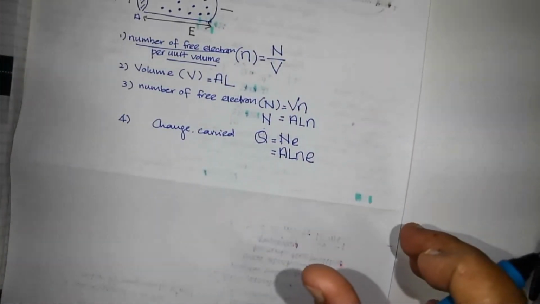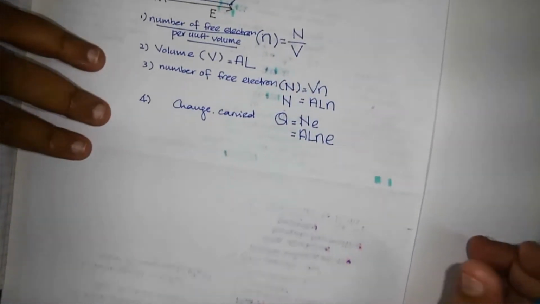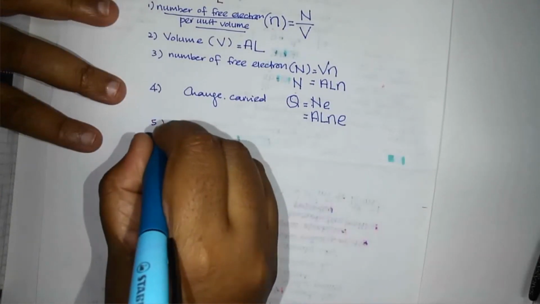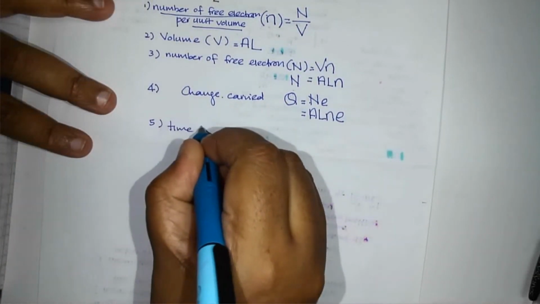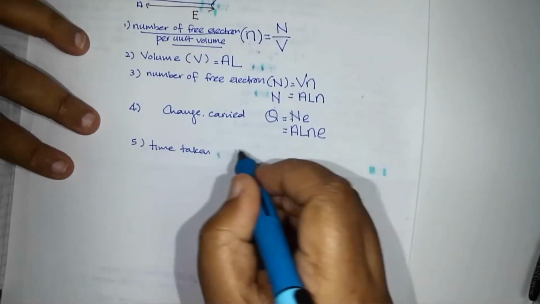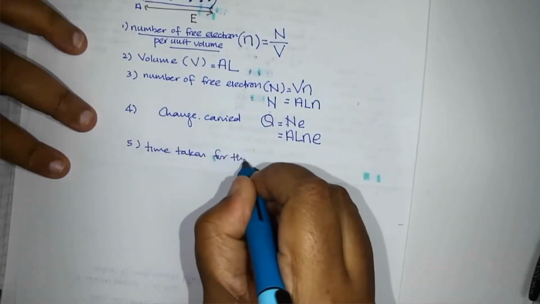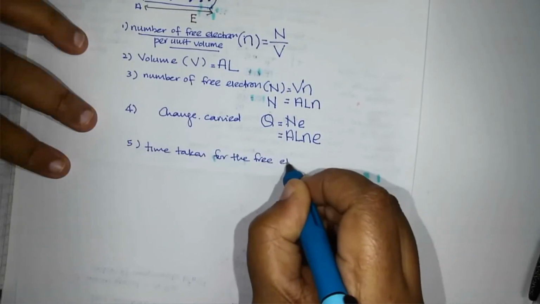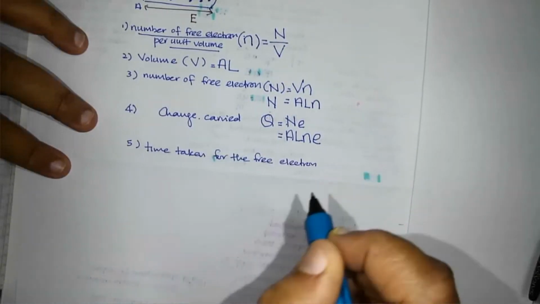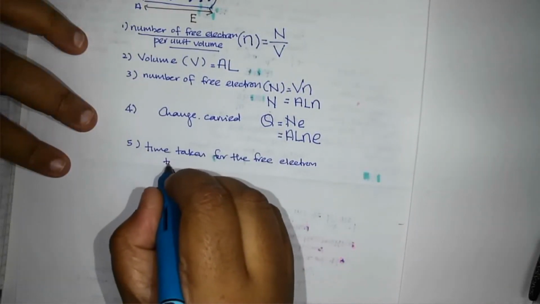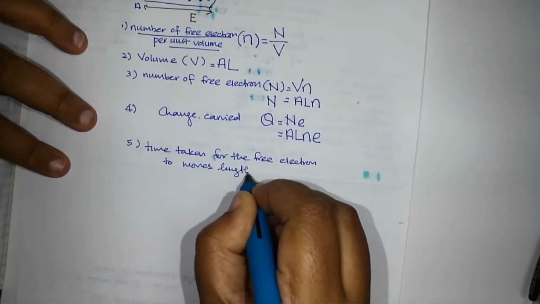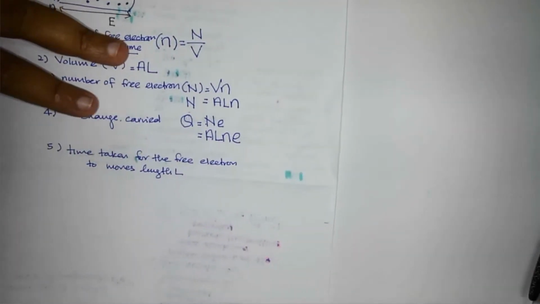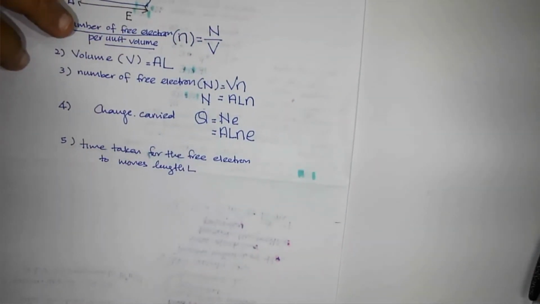Now, number 5, the time taken for the free electron to move length L. We know the formula comes from v equals s over t.